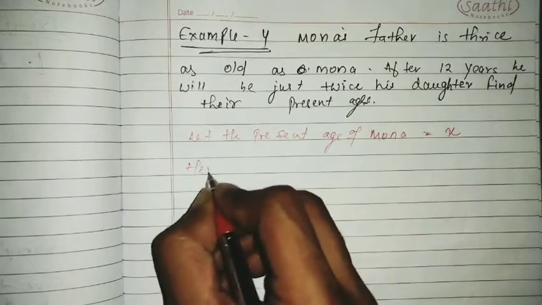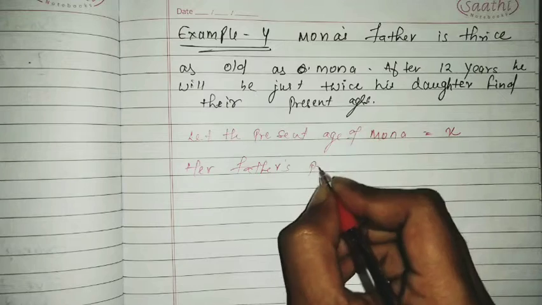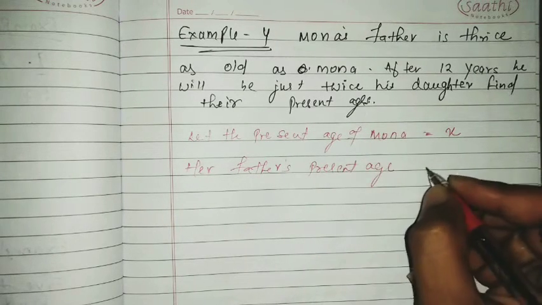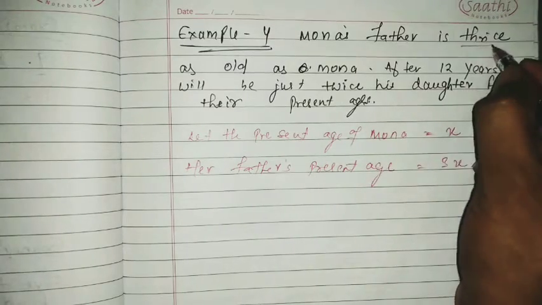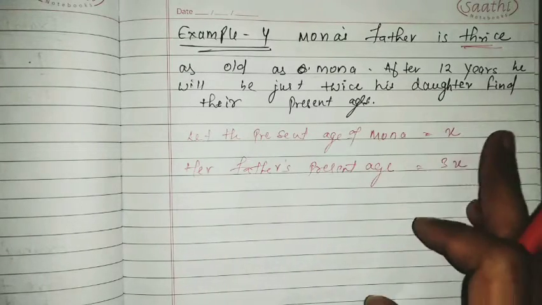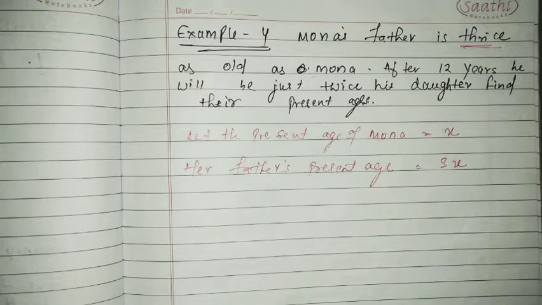Her father's present age is 3x because thrice as old as Mona. So the present age of Mona is x and her father's age is 3x.